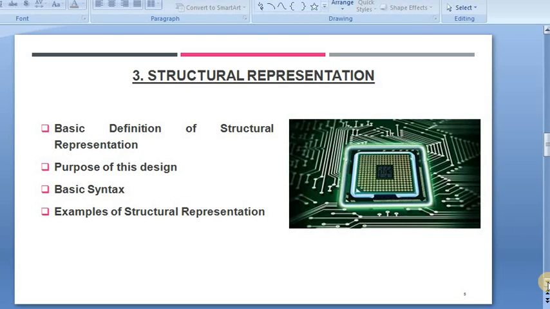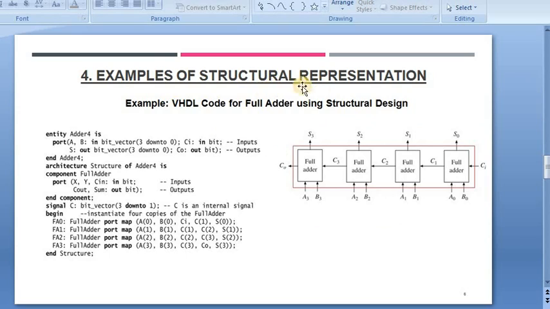As you see in the slide, there is an example of VHDL code for a full adder using structural design. As you see, there are three parts of this design. The first part is entity, then component, and the last is signal structure. The entity declaration is basically a vector declaration of 4 full adders in bit vector form.